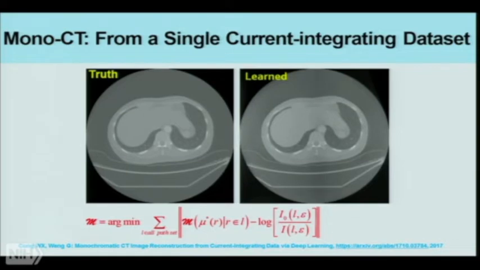Just from a single current integrating data set, through machine learning we can do a nonlinear mapping. So we first do a regular reconstruction. The image contains metal artifacts, and along any X-ray path, we use machine learning to map that particular profile into a monochromatic counterpart. And it turned out the result is pretty good.